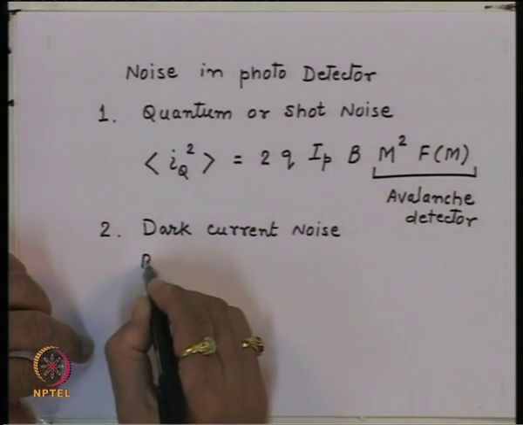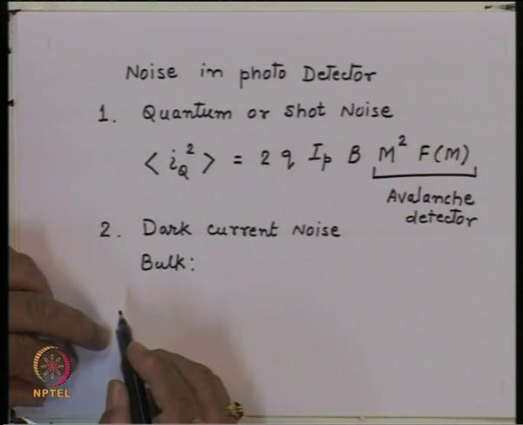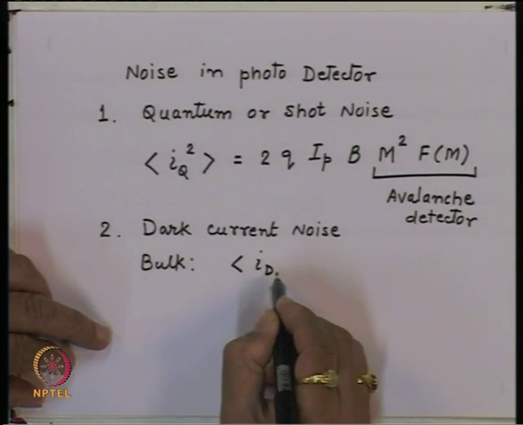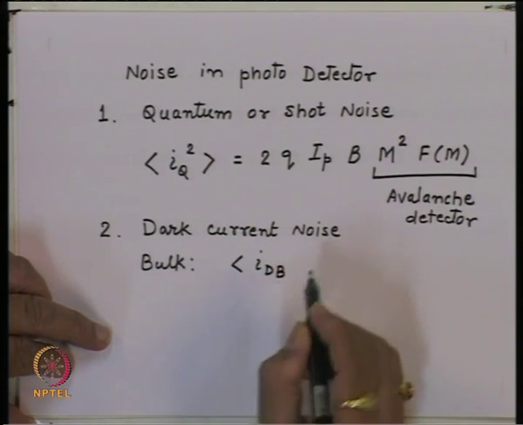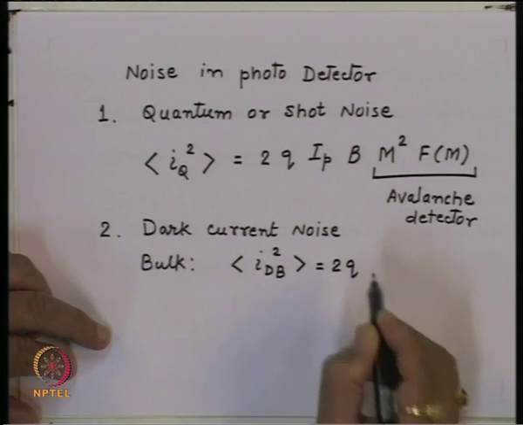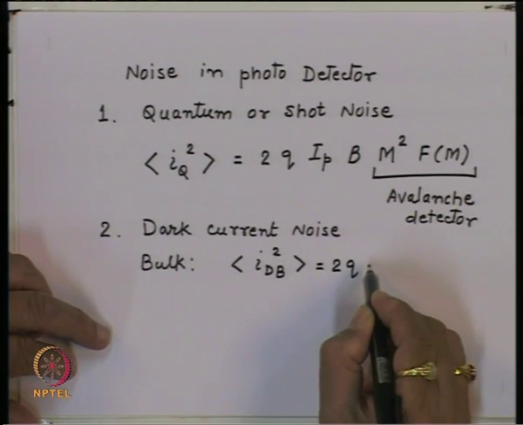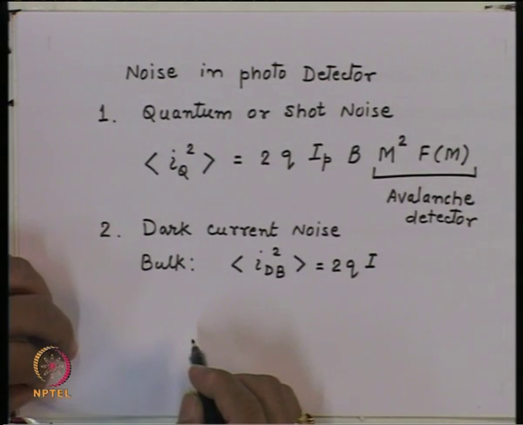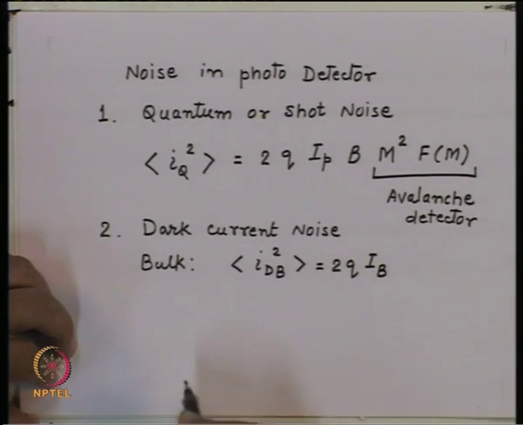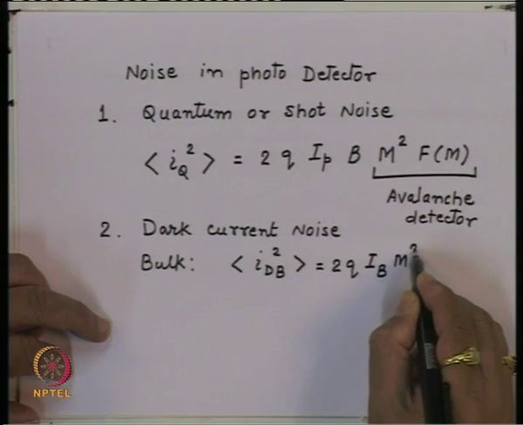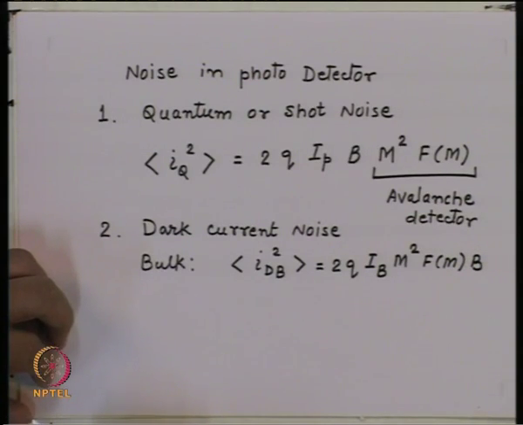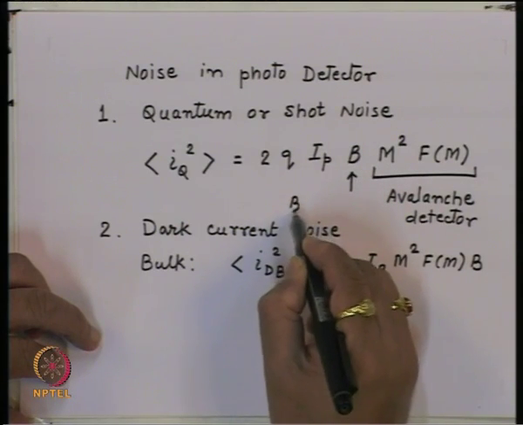One we call the bulk dark current, then the mean square fluctuation of bulk dark current, I_DB squared, will be equal to 2 times q times I_DB, which is bulk dark current, times M squared times F of M times the bandwidth, which is B. So, this quantity, as we mentioned, is bandwidth.